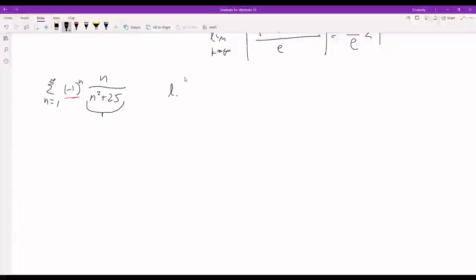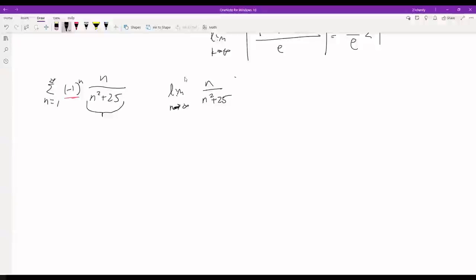So the limit as n approaches infinity of n over n squared plus 25, and we can see that because there's a greater power of n on the bottom, this will in fact go to 0.